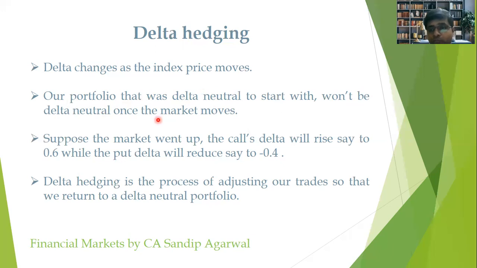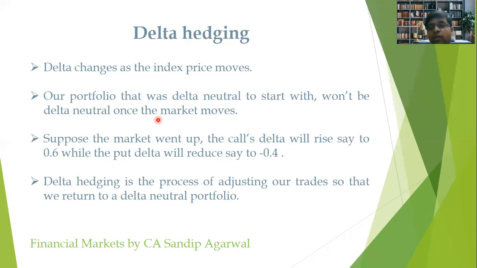Now let's say the person initiated this position today by selling an at the money call and an at the money put option, where the delta becomes 0. On the next day, say the underlying instrument, which is the Nifty in our case, moves up by 200 points. Since the Nifty has moved up, the delta of the sold call option will go greater than 0.5.